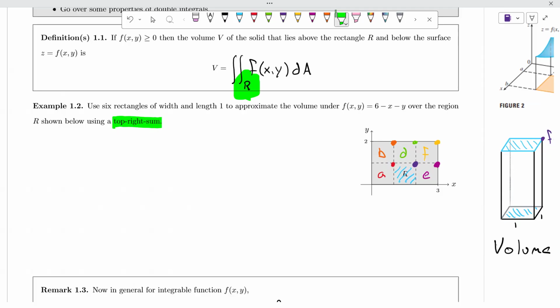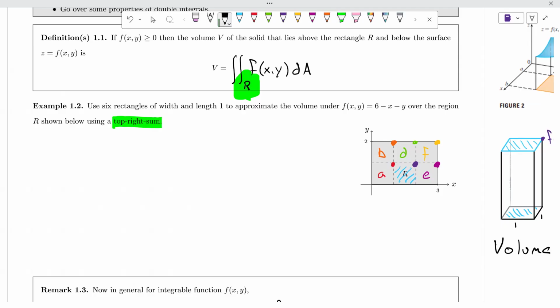So now for the basic options, we'll look at the 4 corners, upper right, upper left, lower right, and lower left, to generate where we're going to collect our function values from. But I don't want to spend too much effort trying to break down these different Riemann sums because we're going to do 2 examples and then completely move on from this topic for the rest of ever. So, top right sum, let's go generate some of this stuff.